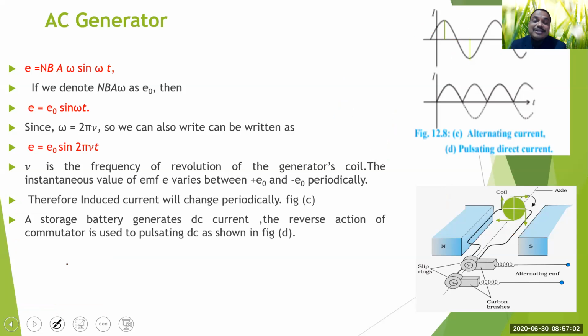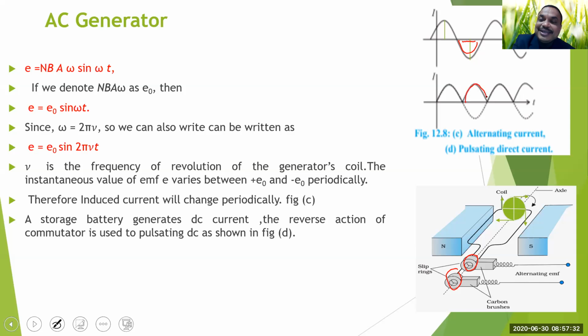So there is also a DC generator. A commutator is used to produce a pulsating DC, as shown in the figure. Here for this cycle, the polarity of the generated EMF is negative, but there are commutators. So in a DC generator, there are commutators. These commutators reverse the direction of the induced current.